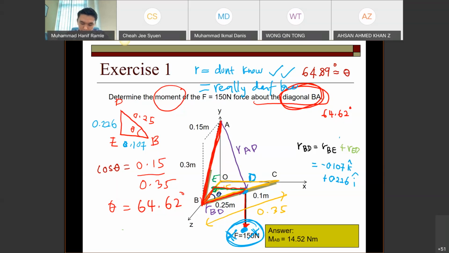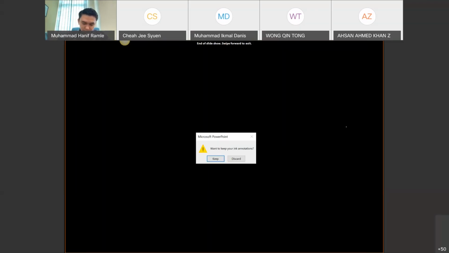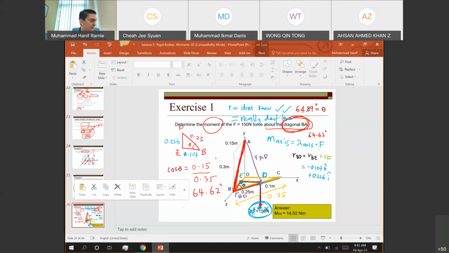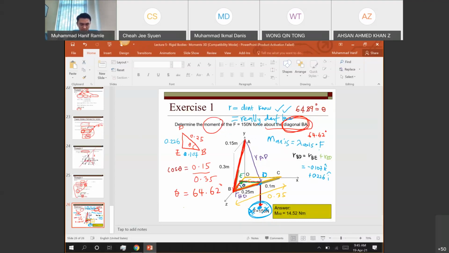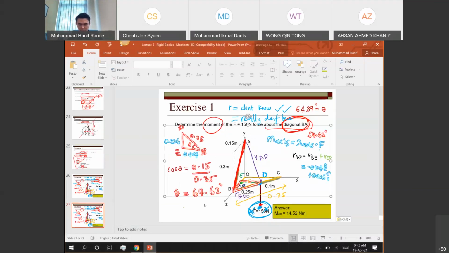And of course, the moment about an axis, using this equation, lambda axis dot F. Give me one second.